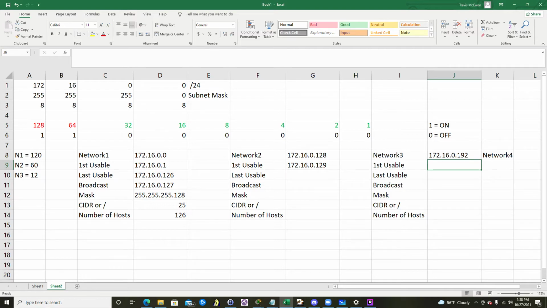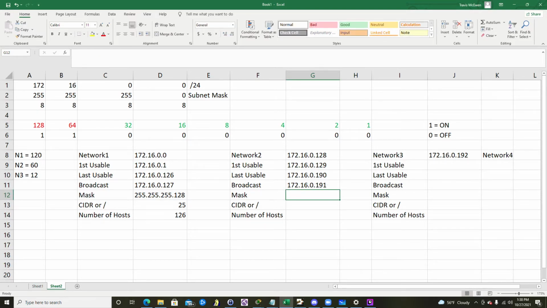So my next network is going to start at 192. Then we're going to list out our last usable and our broadcast. Again, our broadcast is just 1 less than where network 3 is. So it'd be 172.16.0.191. And our last usable is 172.16.0.190.